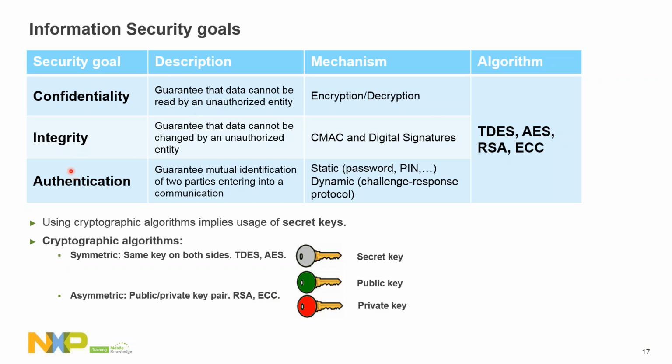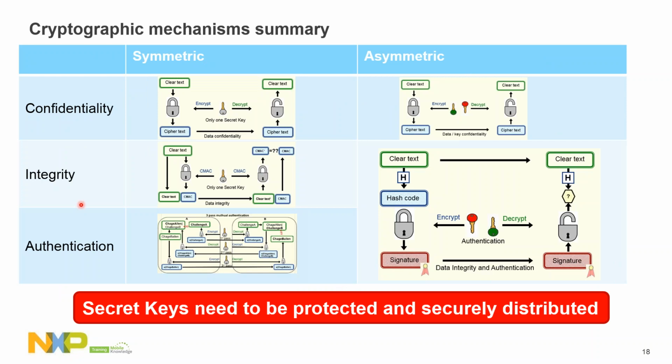After this long explanation of this slide, let me quickly tackle the fact that symmetric and asymmetric cryptography implement slightly different mechanisms to achieve those information security goals. You can take this slide as a reference. I would not like to go into detail on each mechanism. It is not my intention to go into deep detail.